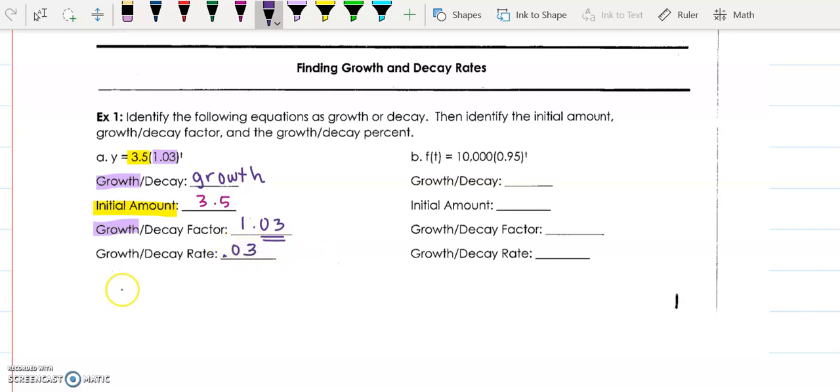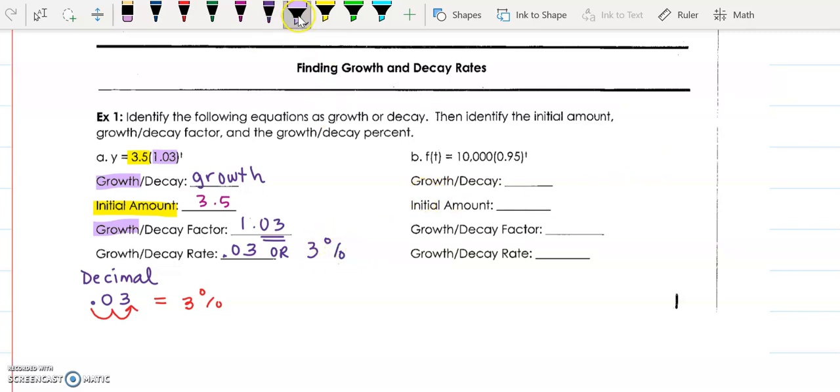Now, if we want to change from a decimal to a percent, we move the decimal point 2 places to the right, which gives us 3%. So our growth rate could also be expressed as 3%.